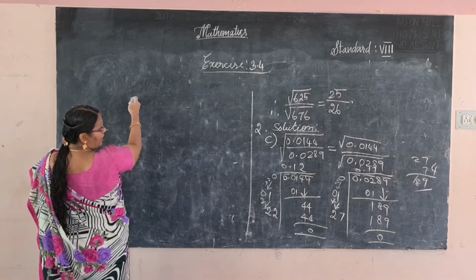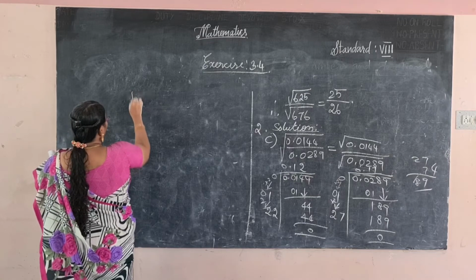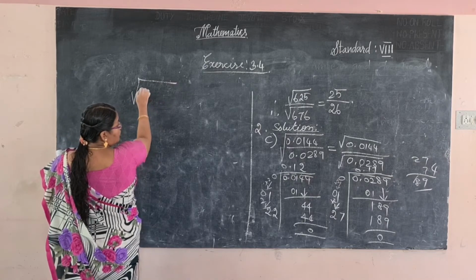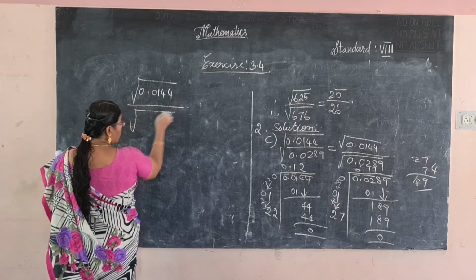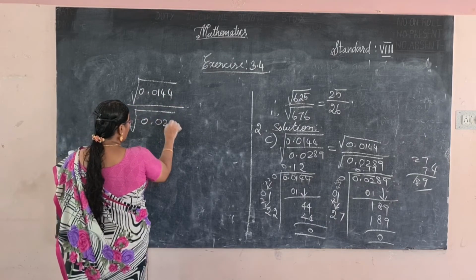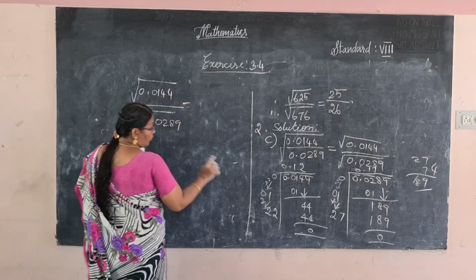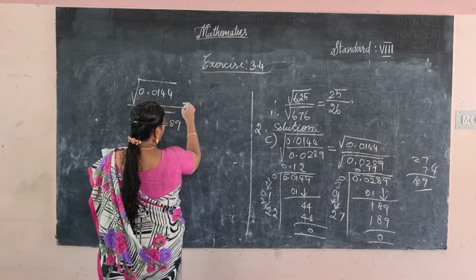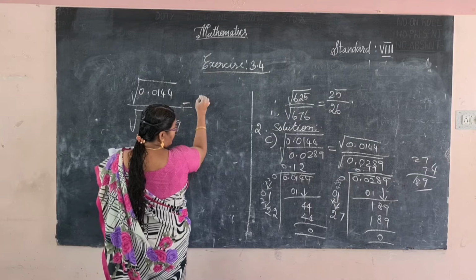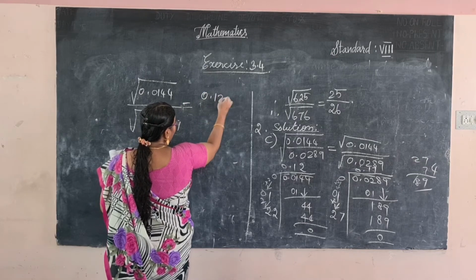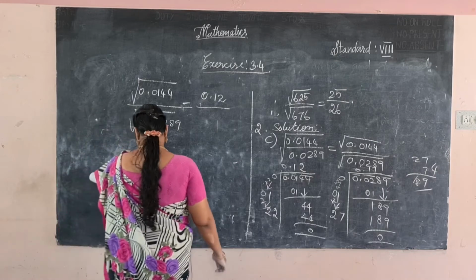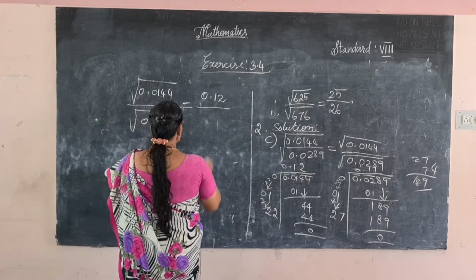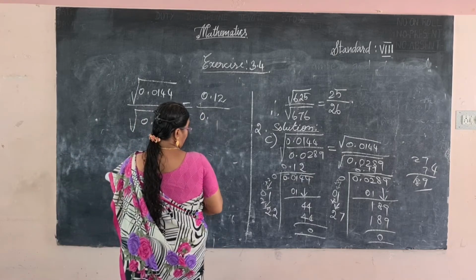Okay, now write in fractional form the square root of 0.0144 divided by the square root of 0.0289. We already found the value of the numerator is 0.12, okay, 0.12, and the second one is 0.17.